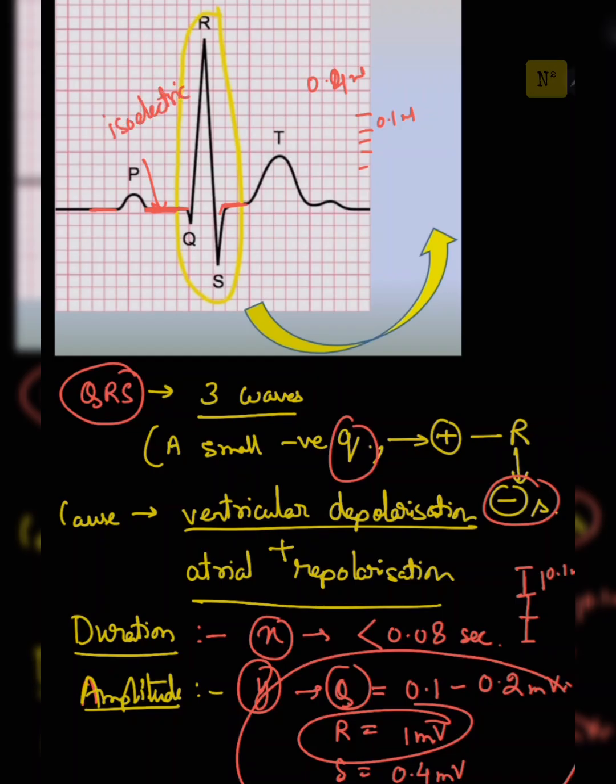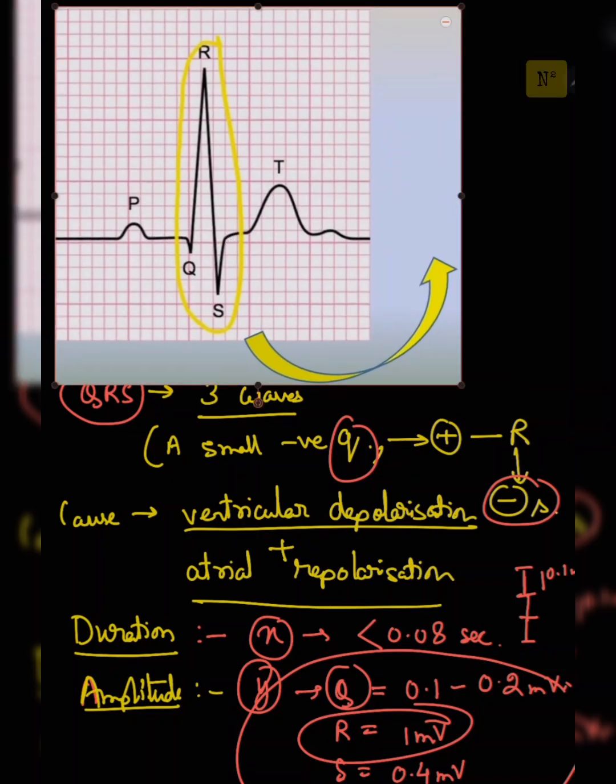In it, the positive deflection and the negative deflection are negating each other and forming an isoelectric line. From this point onwards, if you are getting a positive wave, you should move upward. If you are getting a negative wave, you should move downward. The Q wave is a negative wave, so it was going down from the isoelectric line. The S wave was a negative wave, so it was going down from the isoelectric line.